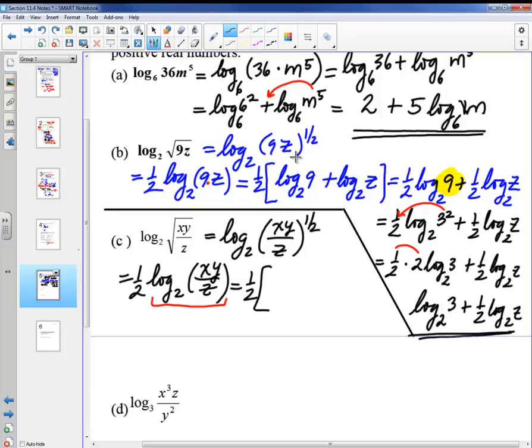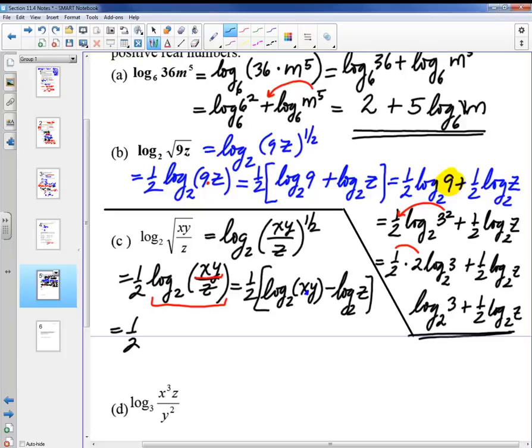1/2 times, and it's a fraction. That's a fraction right there. It's a division. So I'm going to break it into the log of a difference. Log base 2 of xy minus log base 2 of just z. And we still have a multiplication here. So I'm going to continue in the next step and work now with the product rule.